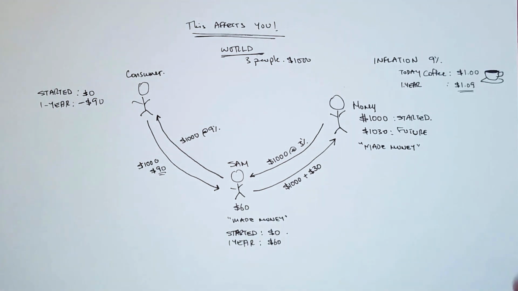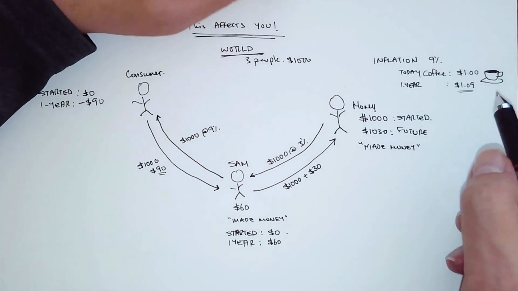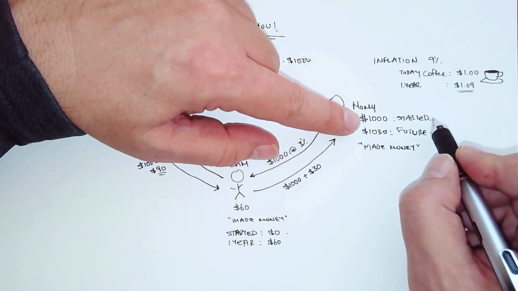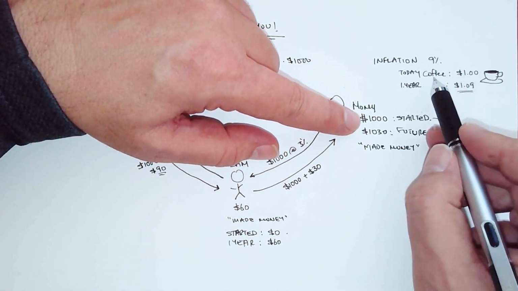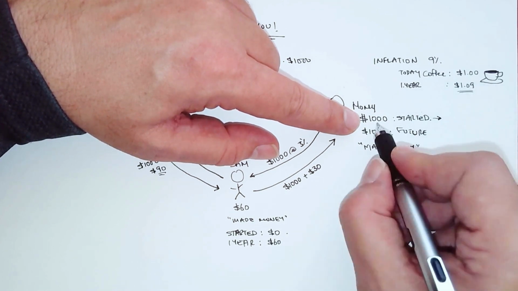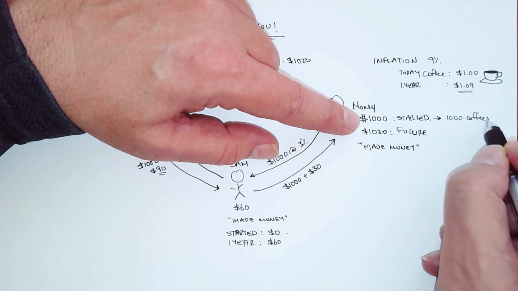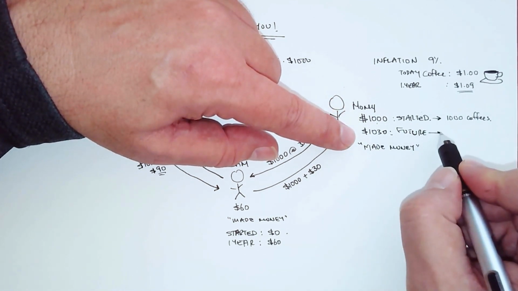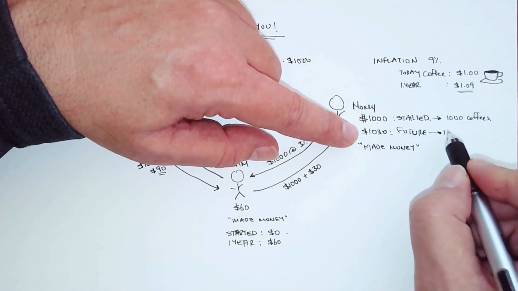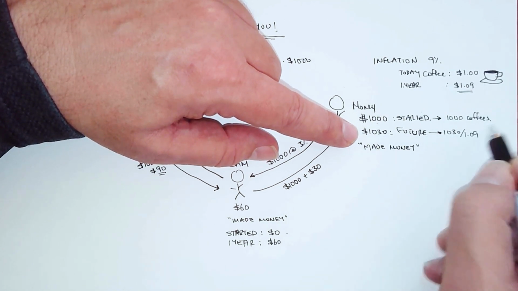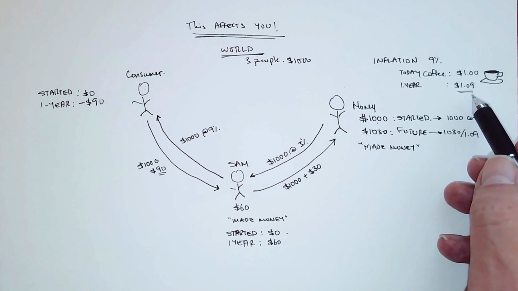But let's look at how much coffee they can afford. So when he first started, this money person, because coffee was $1, he was able to buy 1,000 coffees. In the future, he's able to buy 1,030 divided by 1.09, which is the cost of the coffee in the future.